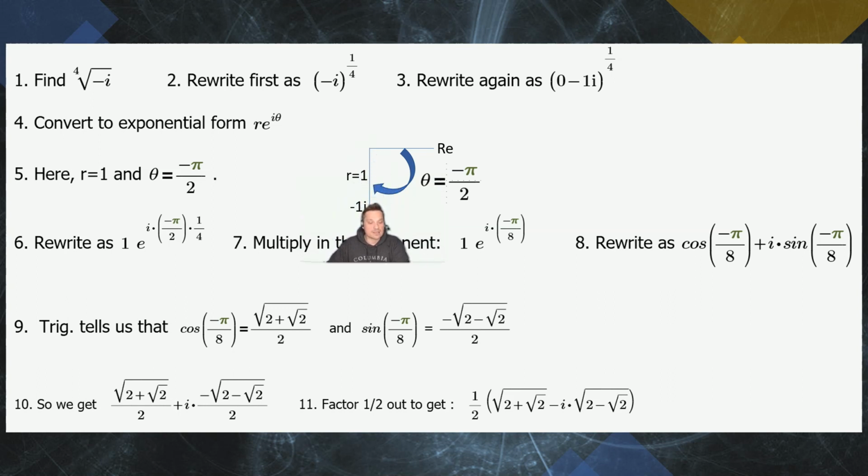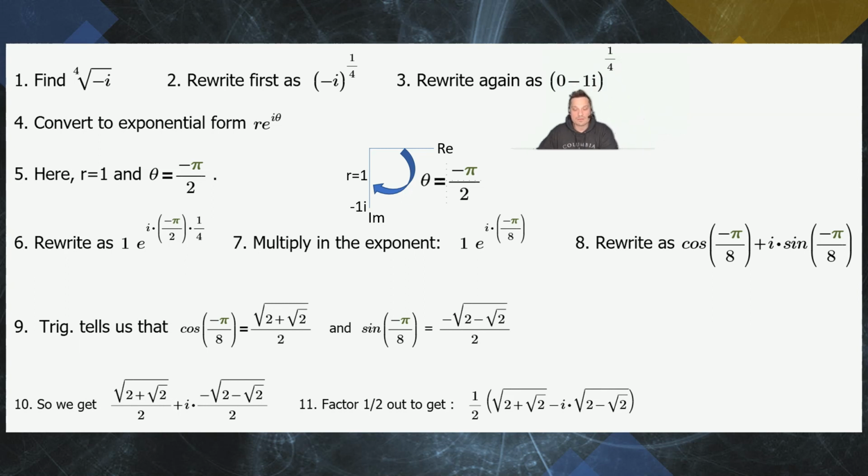So I can rewrite using r equals 1 and theta equals negative pi over 2. It then becomes 1, the value of r, times e raised to the i times negative pi over 2, all raised to the 1/4. Where is that 1/4 coming from? Remember, it's coming from up here. There's a 1/4 above my head in that position. That's step number 3, keep that in mind. We can't drop that, it has to be present.